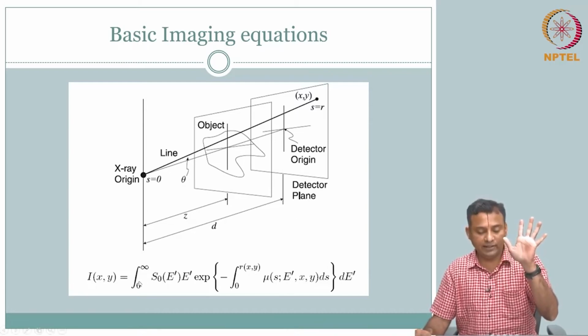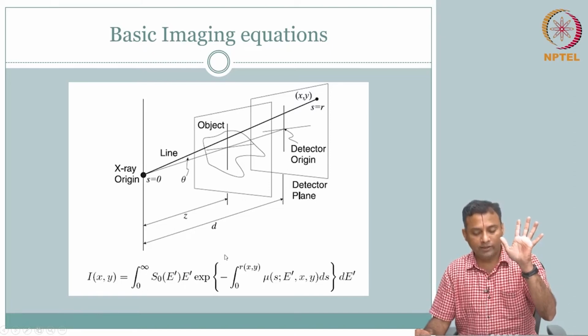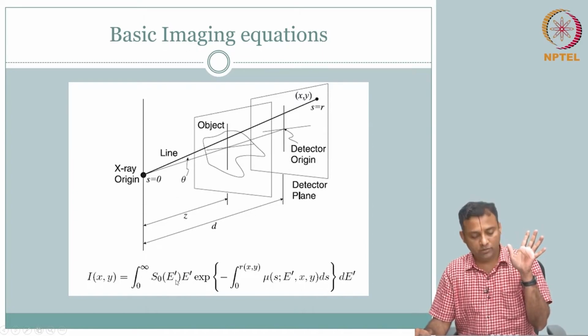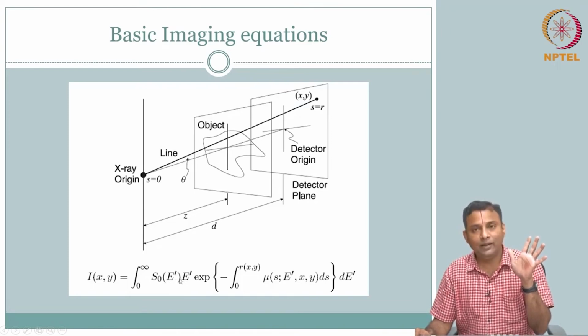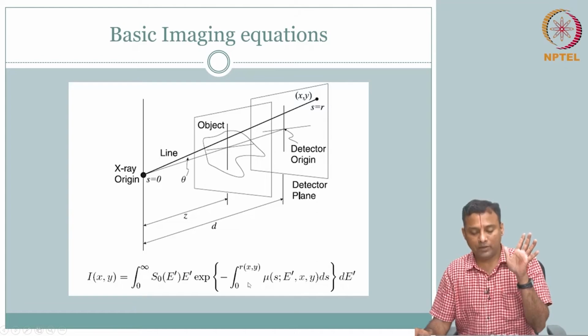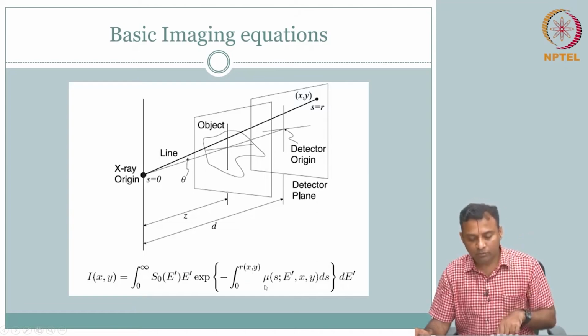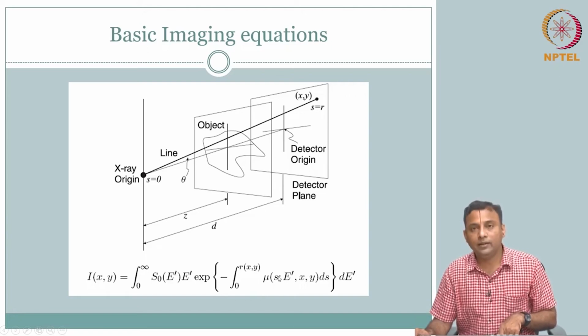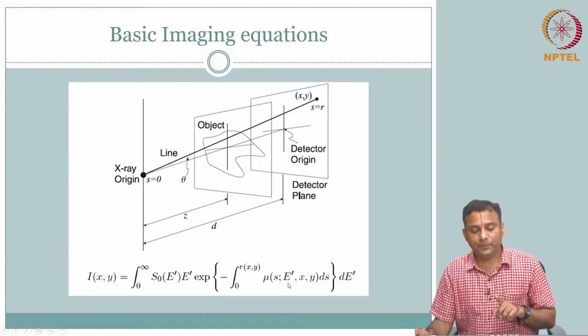Now, the intensity at x comma y at a location is whatever goes in, so S0 at that energy level, times the exponential of minus the integral over the path length r of x comma y of this mu, which is deliberately written as a function of x, y and the energy it is dealing with.